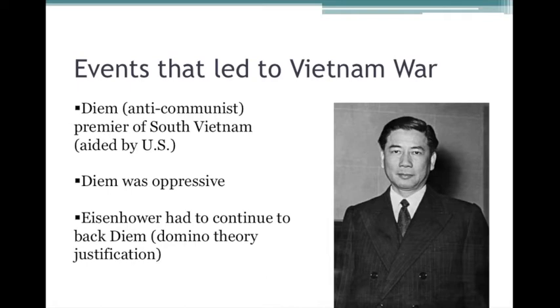A man by the name of Diem, spelled D-I-E-M, but pronounced Diem, who was Catholic and anti-communist, became the premier of South Vietnam through elections, which was not an altogether free election.